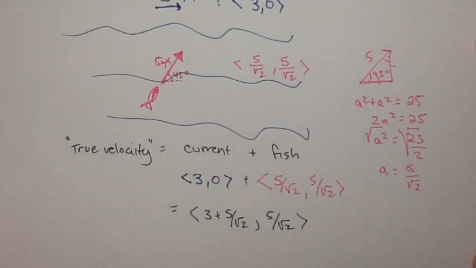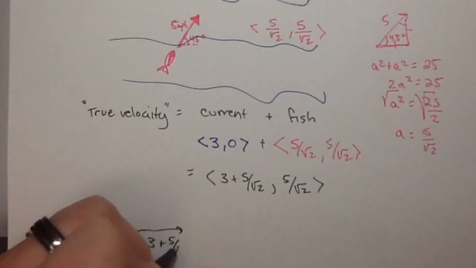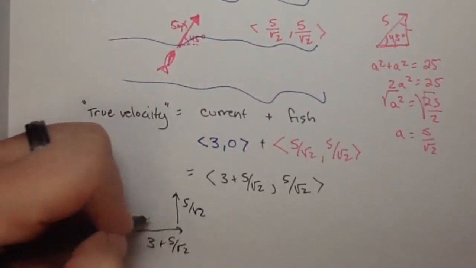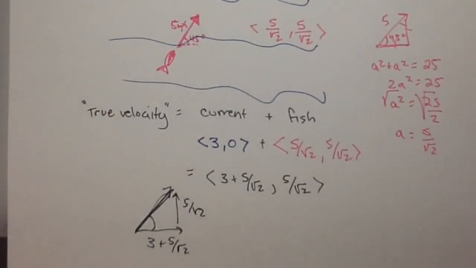So this is the true velocity. But they don't want it in terms of components. They probably want it in terms of magnitude and direction. Okay, so then this is 3 plus 5 over root 2, and this is 5 over root 2. The question is, what is this and what is that?